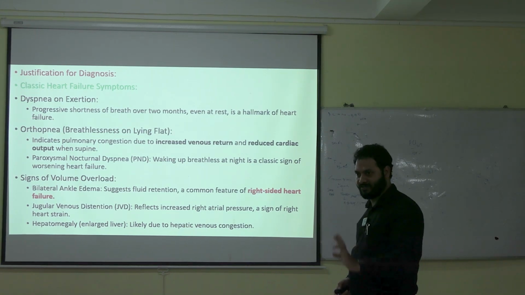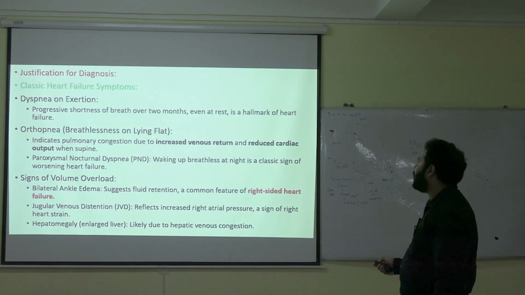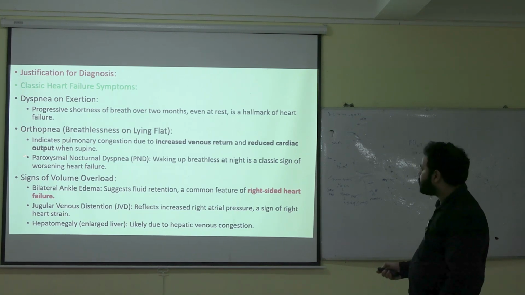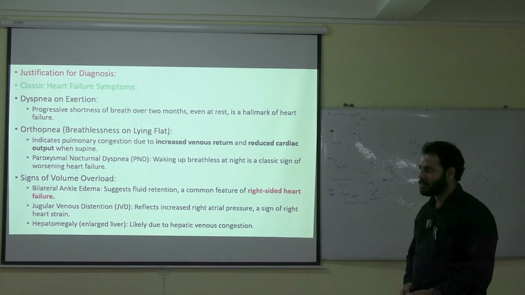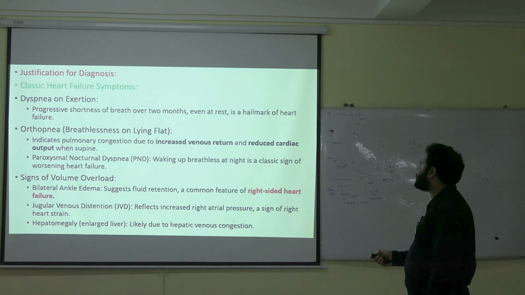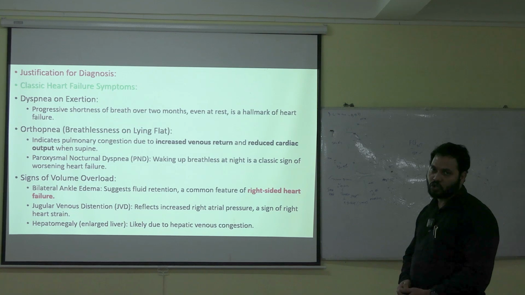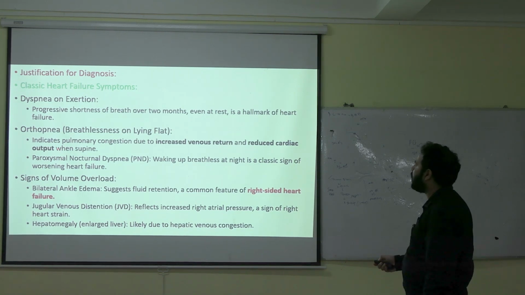This is the first justification. The second is breathlessness on lying flat. This information was also there in the case. Here you see, it indicates pulmonary congestion. This particular condition is very much related to the development of pulmonary congestion. So why is there pulmonary congestion? It is due to increased venous return and reduced cardiac output when supine.